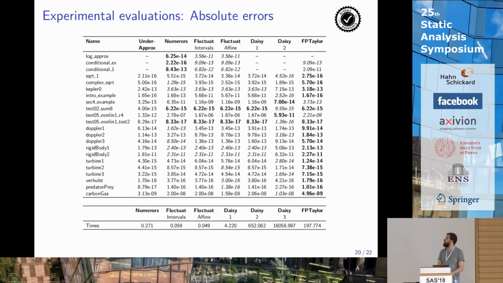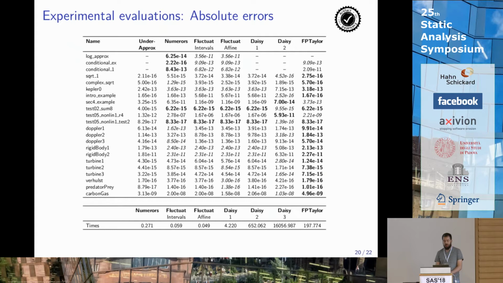The first thing we can see is that FPTaylor is far more precise on most of the benchmarks than everybody else. But FPTaylor is, as we can see in the second part of the table, costly. Next, we can see that Numerals is the most precise tool on the first three benchmarks.